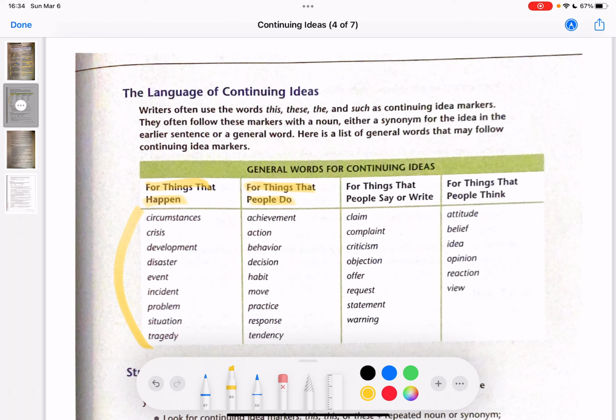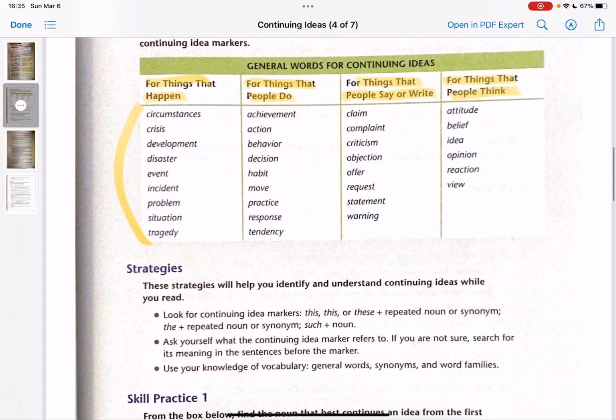For things that people do, you've got a list here. For things that people say or write, there are different ways that you can repeat those things. And then for things that people think. Those are often words that you might see following this, these, the, such, and they might be words that are continuing an idea from a previous sentence.